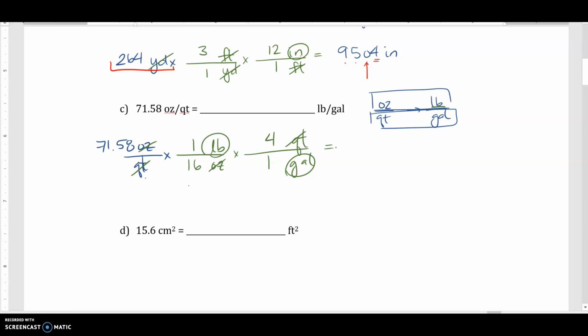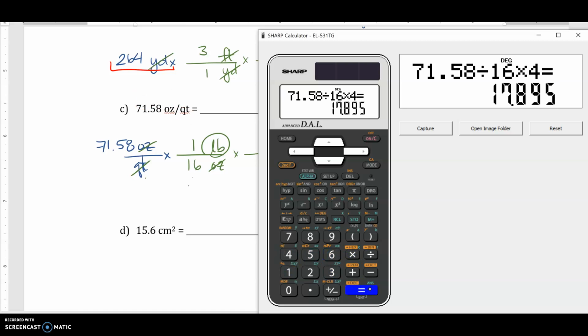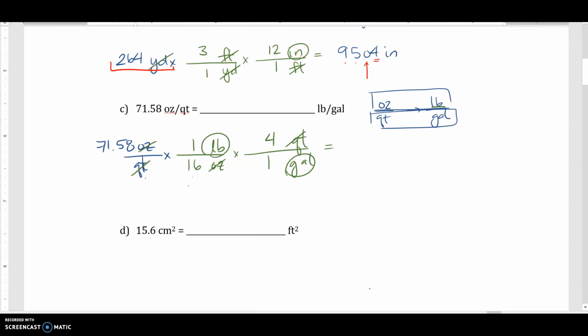We can do the calculation here, 71.58, divide by 16 times 4. And you get 17.895.